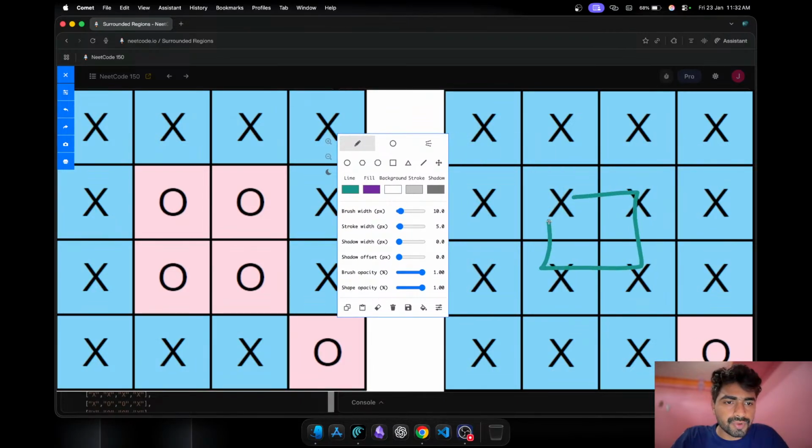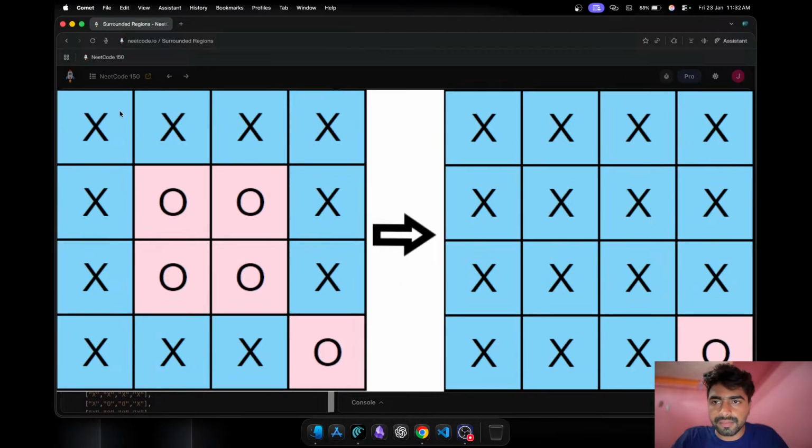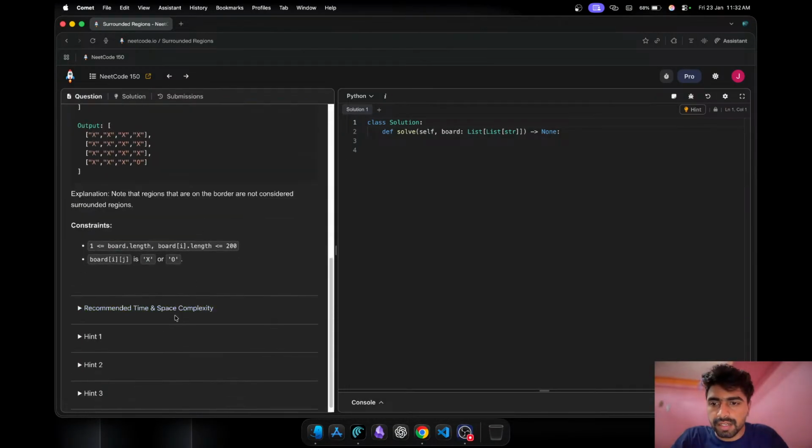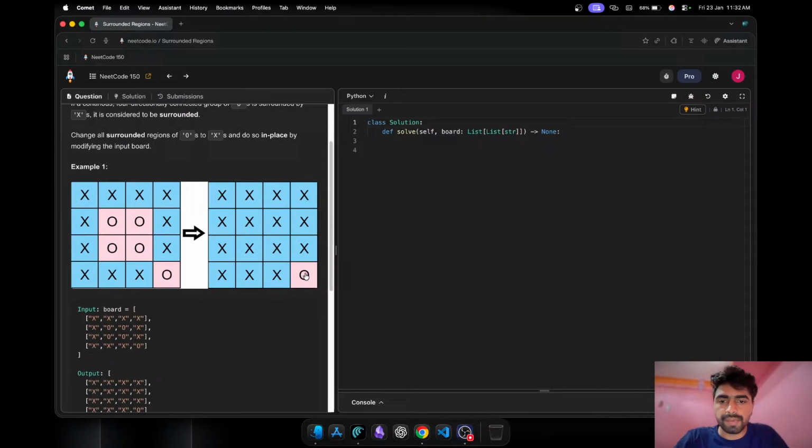The problem also says that regions on the border are not considered surrounded. What does it mean? If there is a zero on the border lines, like this border, this border, this border, we will not convert it into X. So that's why it remains zero here.